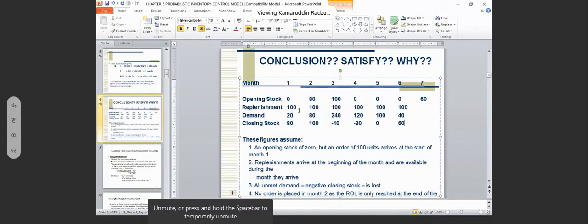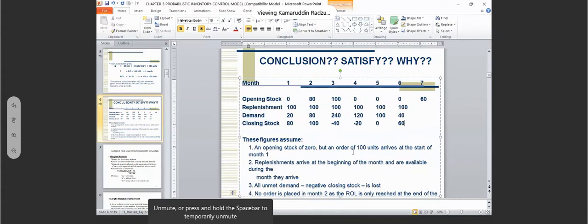The analysis of the data shows that excess inventory has occurred in our inventory control, and also shortages of 40 units and 20 units, and only in the fifth month do we have an ideal inventory, where the inventory on hand matches the demand from the customer.